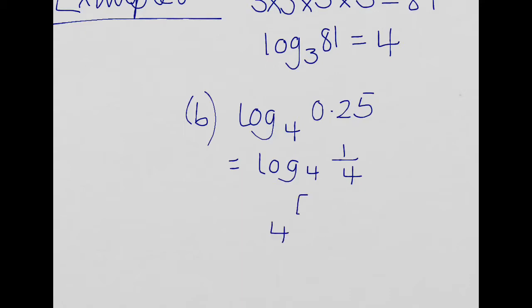I don't know what my exponent is, but I know my answer is 1/4. This is the reciprocal, so I know that the answer for log to the base 4 of 0.25 is -1, because when I raise anything to the power of -1, I get the reciprocal, and the reciprocal of 4 is 1/4.